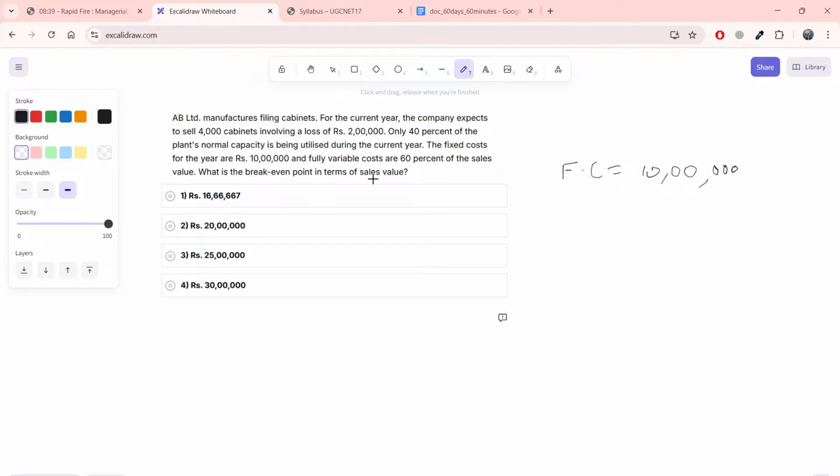What is the break even point? हमें break even point निकालना है. Okay. 10 lakhs तो हमारे वैसे ही चलेगा. For the current year, the company expects to sell 4,000 cabinets, involving a loss of 2 lakhs. Only 40% of the plant's normal capacity is being utilized during the current year. 40% plant utilization.